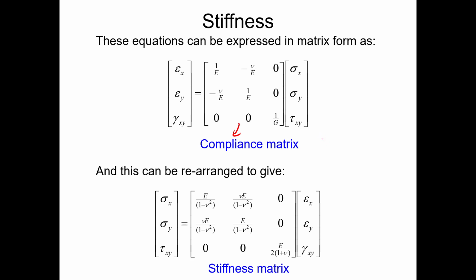Essentially, if we give this part as S, if you do the inverse of S, you will get the stiffness matrix, which is the bottom part. Okay, and this basically is the inverse of a matrix, which you have learned in your first year matrix algebra.